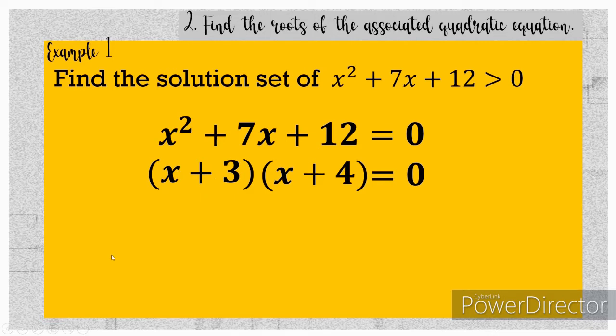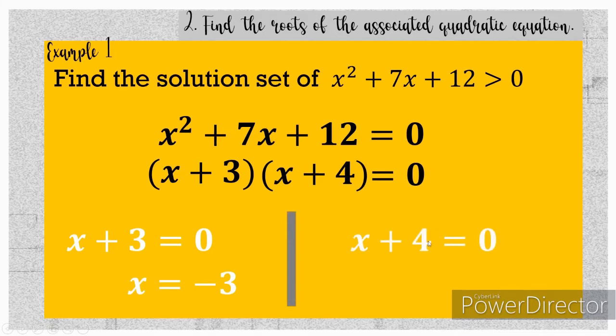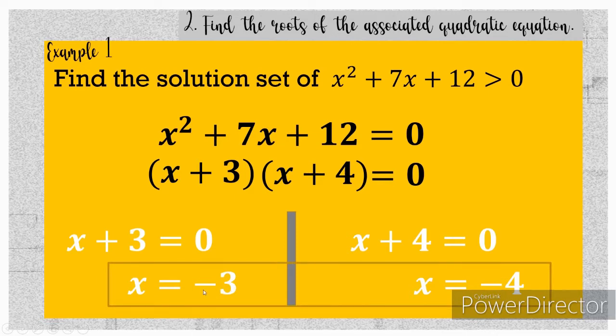First factor, x plus 3 equals 0, so x is negative 3. For the next factor, x plus 4 equals 0, so another x value is negative 4. So the roots of the equation are negative 3 and negative 4.